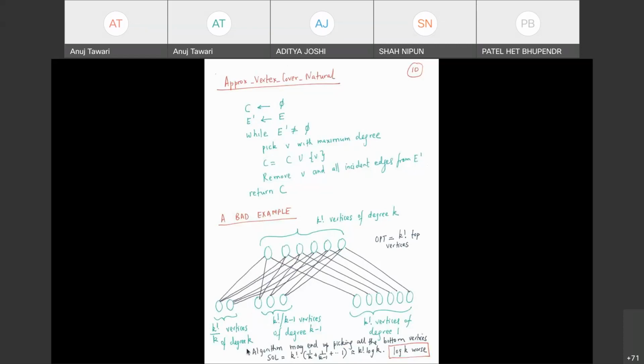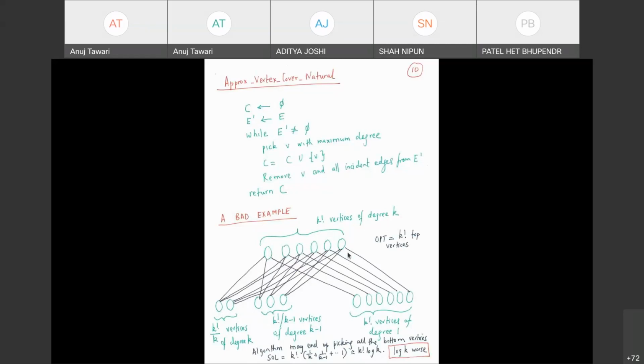So there are these disjoint subsets, each of size k, and since we are removing all the vertices and the incident edges, every vertex at the top is going to lose one neighbor. Therefore in the resulting graph, these vertices will have degree k minus 1, and all these bottom vertices are removed from the graph. Now it turns out that the maximum degree is going to be k minus 1.